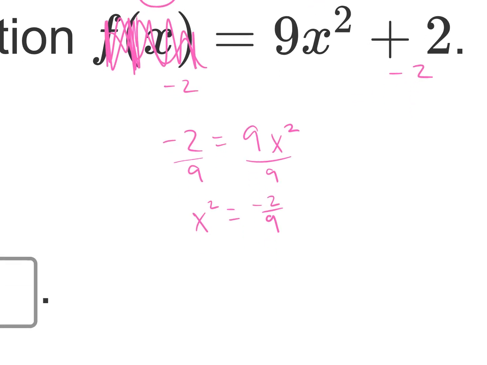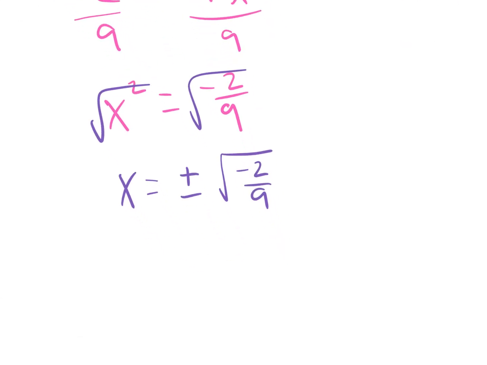Awesome. To get rid of that squared, I square root both sides. What do I have to remember to do when I square root both sides? Plus or minus. So I have x is equal to plus or minus square root negative 2 over 9. Awesome. I can take out the negative and make it an i.